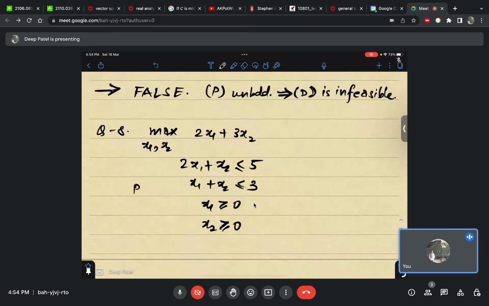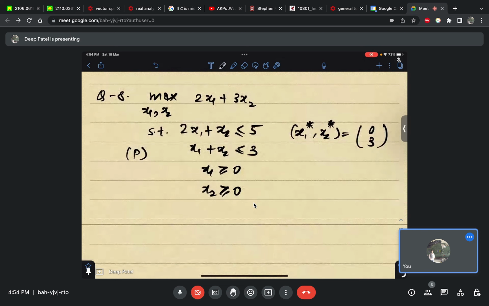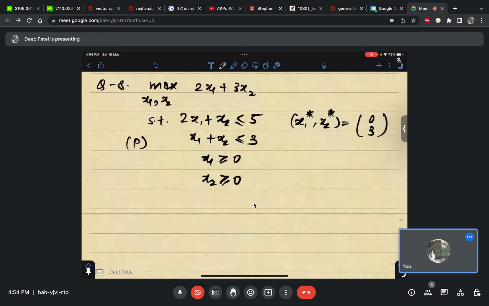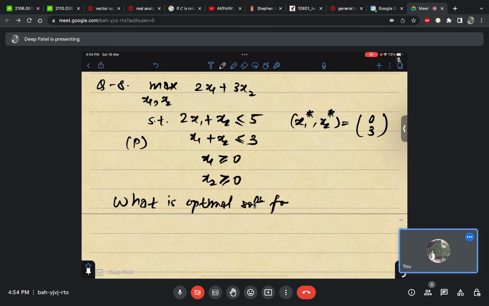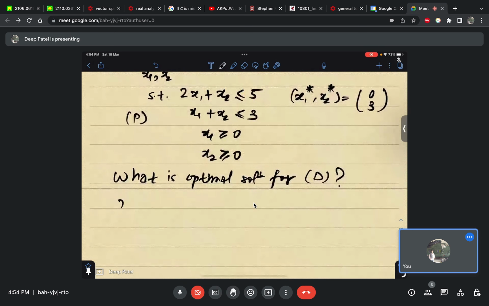So this is my primal, and I am told that the optimal solution is (0, 3). Then the question is, what is the optimal solution for the dual?